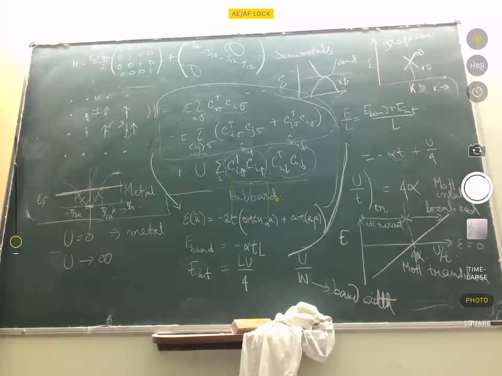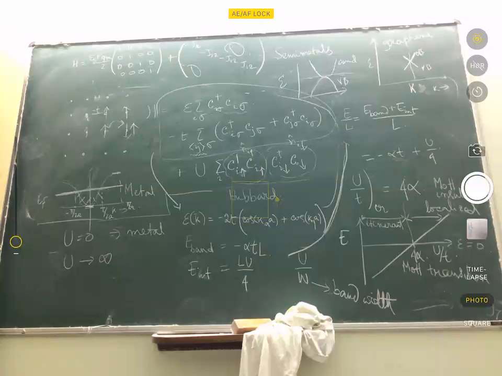So small n is greater than 1. How would you put those electrons? You put 1 electron per site, okay? So that takes up L electrons, but then you have a few more than L. So they will go to some other site. So no matter what you do, some sites will be doubly occupied, right?